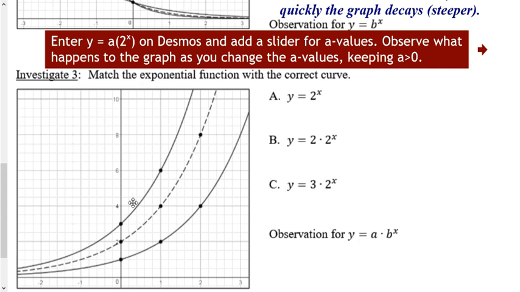Once you observe that, then use that to predict which of these three equations matches each of these three graphs. Once you've done that, then again, make an observation that you can about how this a value affects this exponential function. So pause the video now and work through this investigation, please.